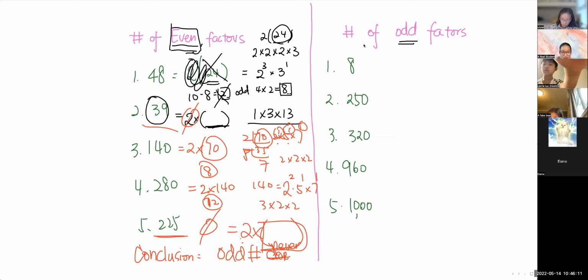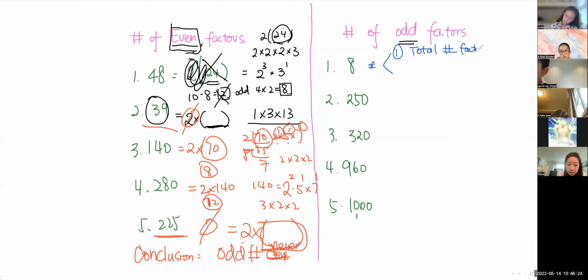So let's take a look at odd. Odd will be a teensy bit hard because the process is: step 1, the total number of factors; step 2, the number of even factors; and step 3, total minus even.